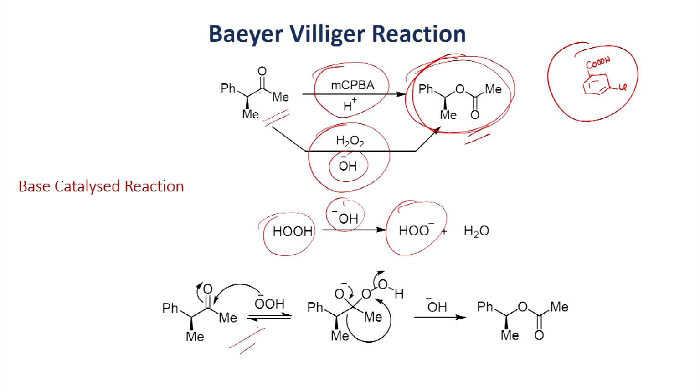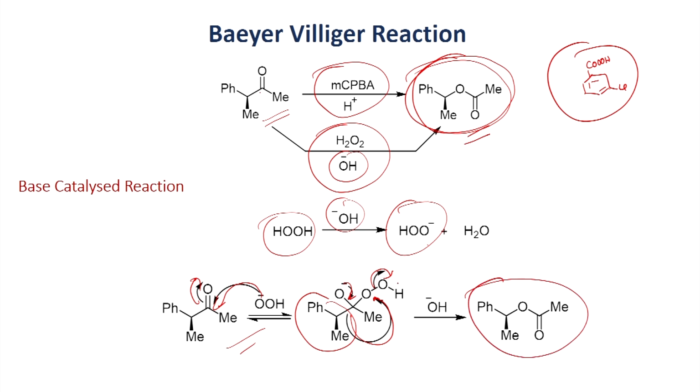Now let us look at the mechanism shown here. This can undergo addition reaction to this carbonyl group, and we will have this intermediate. Once we have this one, this group can migrate here and you will be able to form this product.